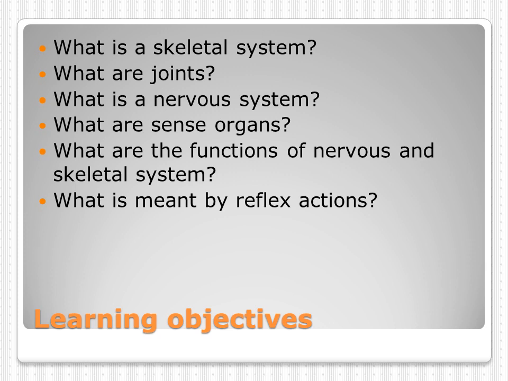Third, what is a nervous system? Fourth, what are sense organs? Then, what do you mean by reflex actions? And what are the functions of the nervous and the skeletal system? These are all the learning objectives we are going to learn in this chapter.